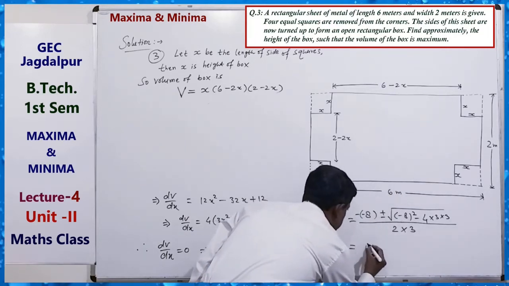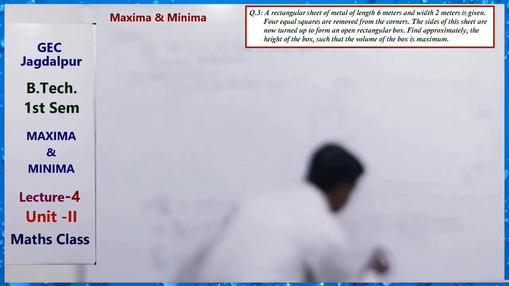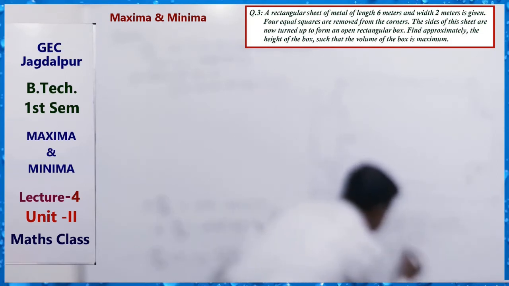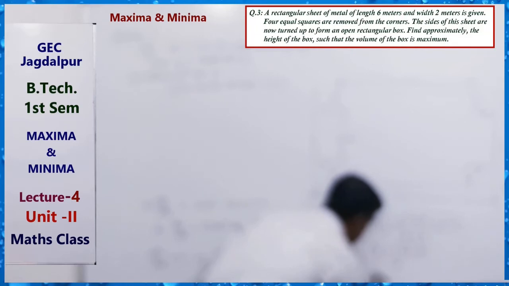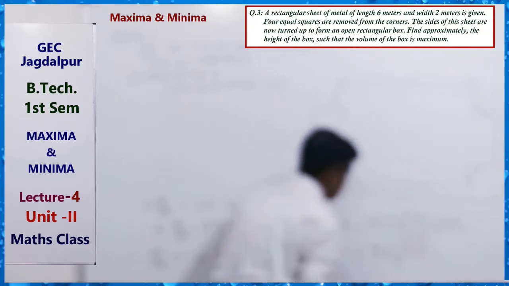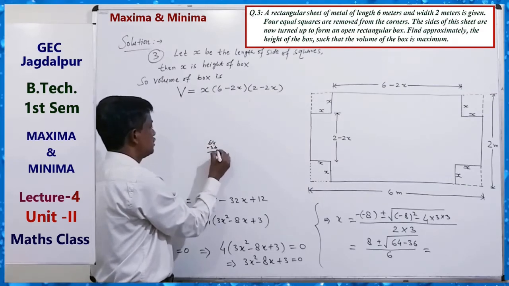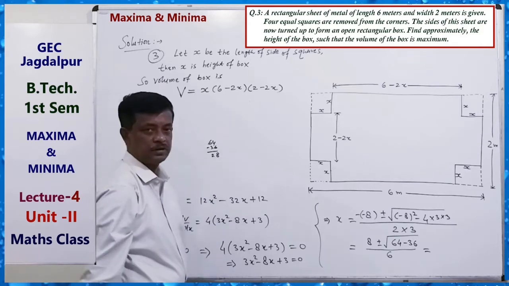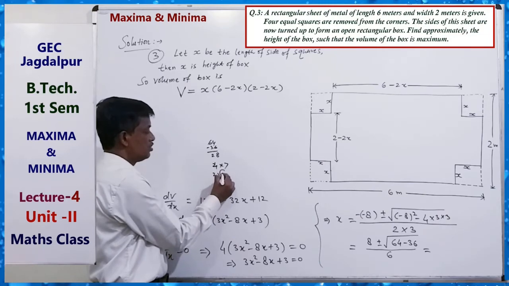So 8 plus minus root of 64 minus 36 upon 6. 64 minus 36 is 28. 28 means 4 into 7, so 2 root 7.